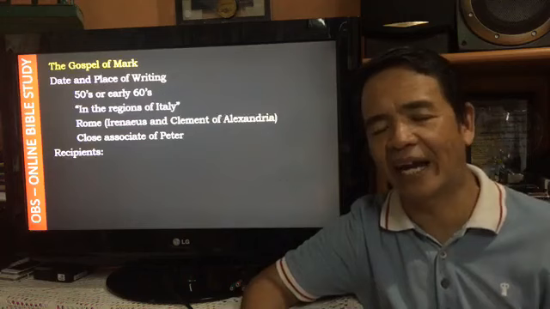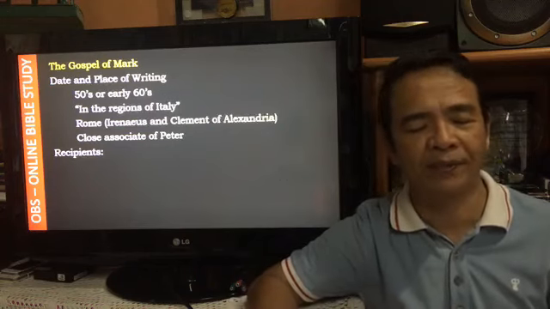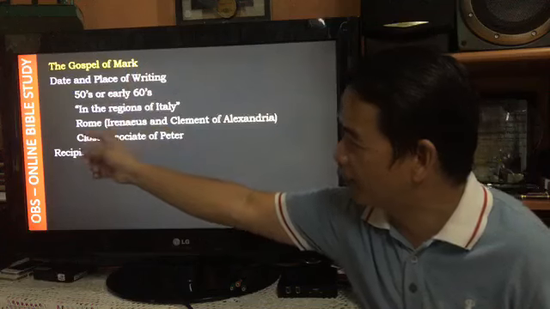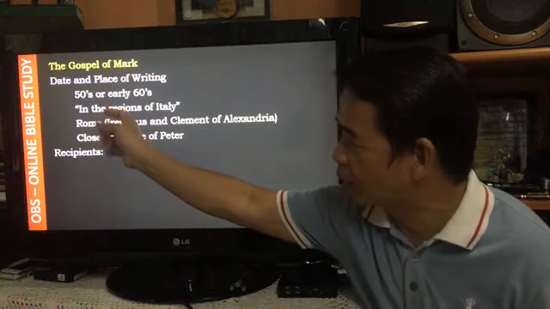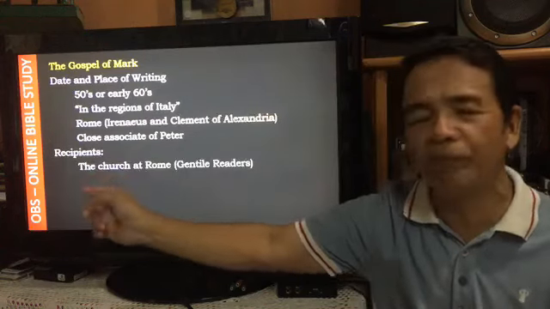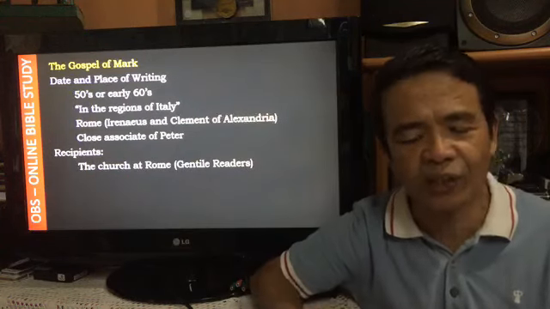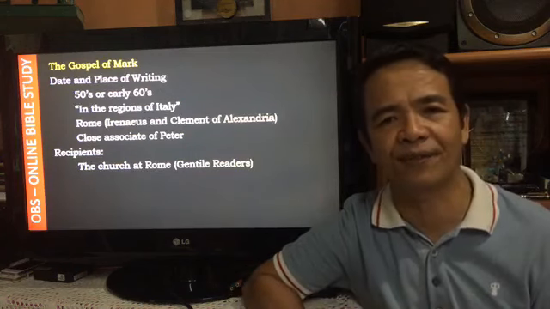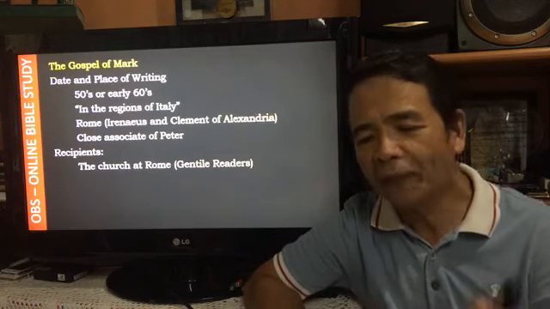So, having said that, let's move over to the recipients. If he wrote it in the place of Rome or in the regions of Italy during those years, the recipients could be the church at Rome, particularly the Gentile readers. Why?